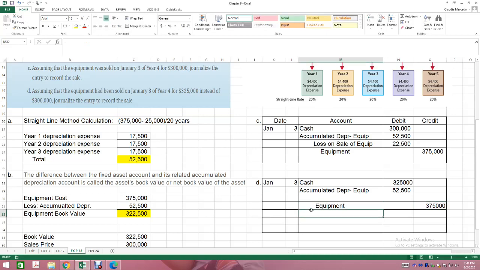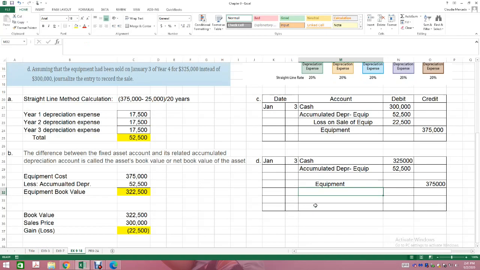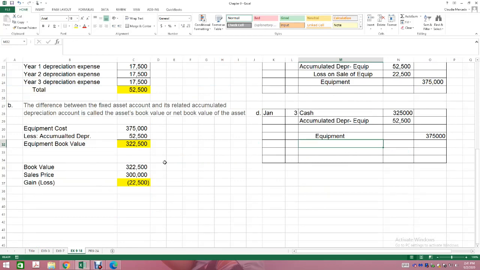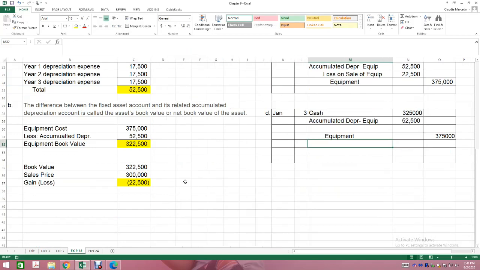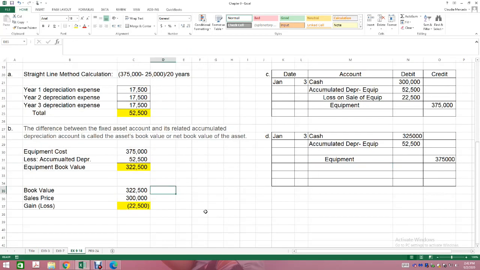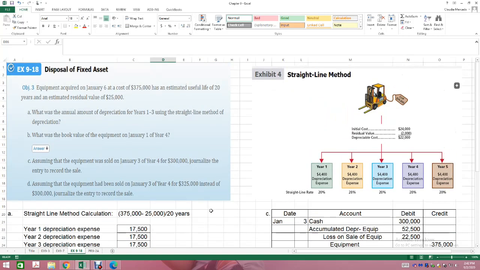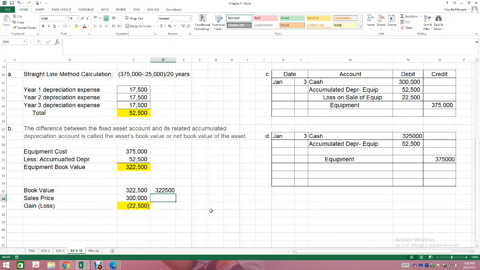Now we need to figure out if we have a gain or a loss. So once again, let me reuse this. For the first transaction, my book value is $322,500. I sold this equipment for how much? For $325,000.